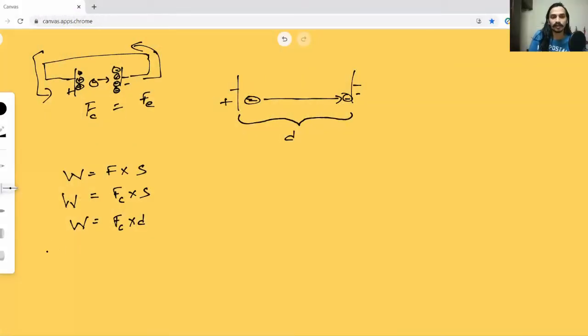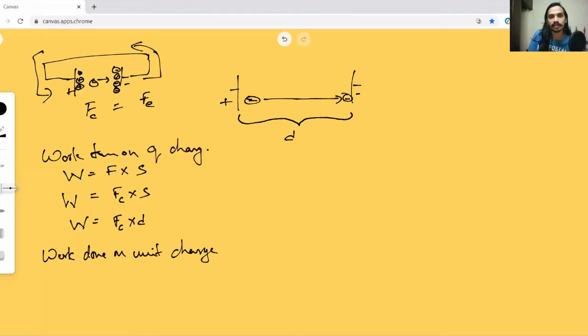If I want to find out work done on unit charge, say this is work done on Q charge, because we don't know exactly how much charge it is, let's just call it Q. If I want to find out the work done on a single charge, or to be more specific, on a single negative ion, I will divide this work by the total charge.